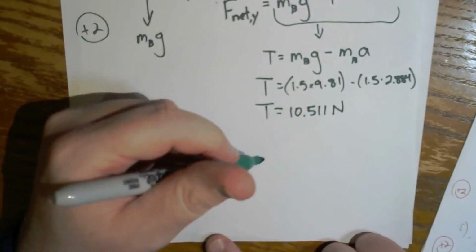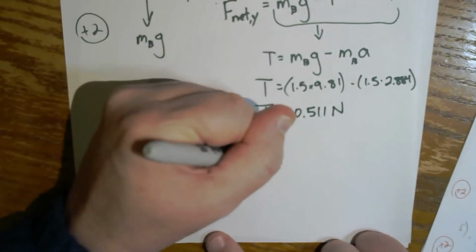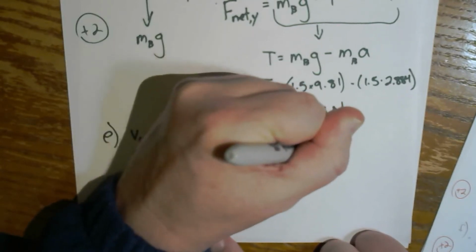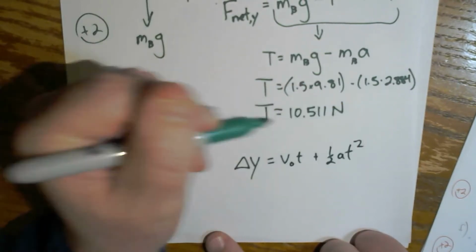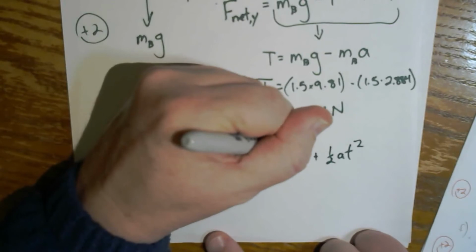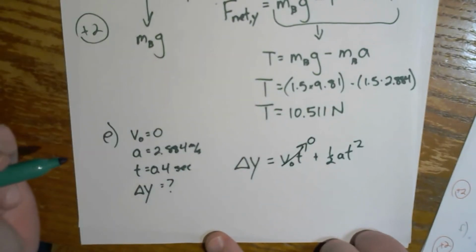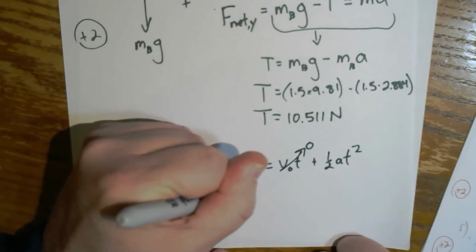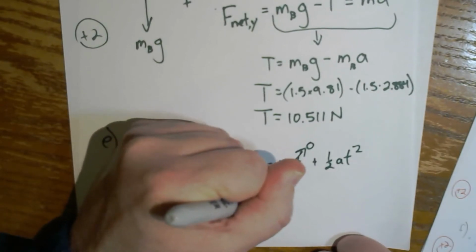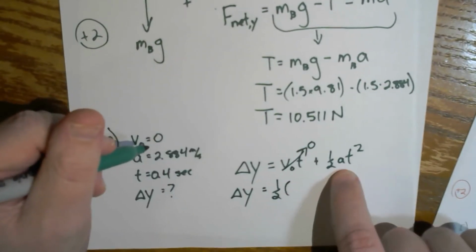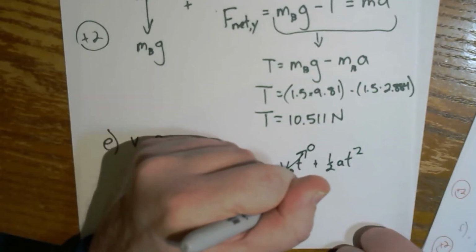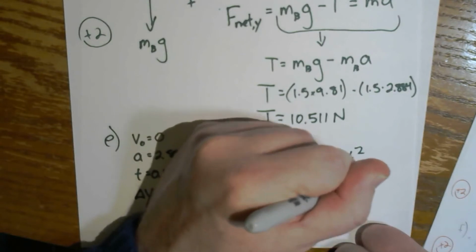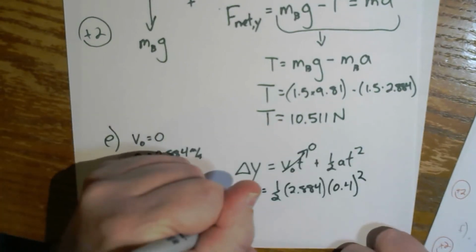I'm just going to use our classic kinematic equation, delta y is equal to v naught t plus 1/2 at squared. Initial velocity is 0, so this first term cancels. And so delta y is just equal to 1/2 times a, which is 2.884, times the time, which is 0.4, and then that value squared.